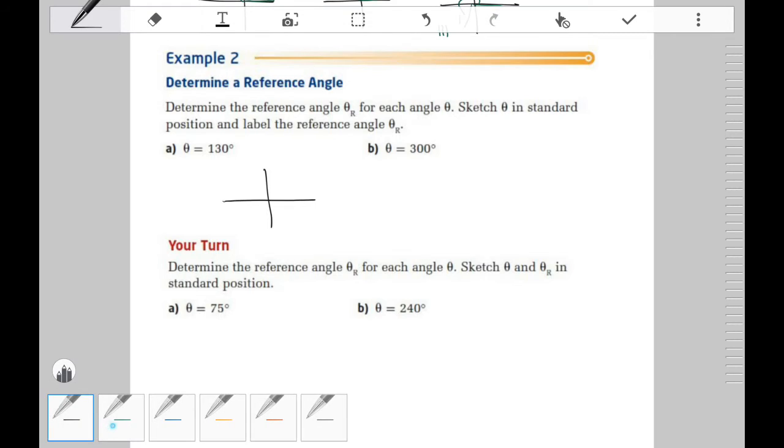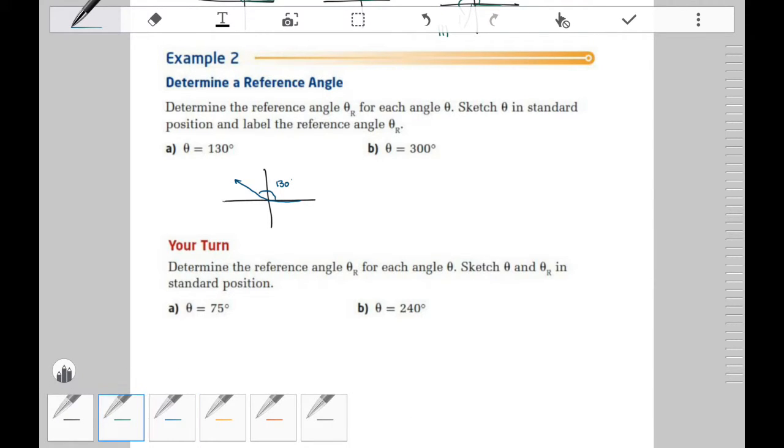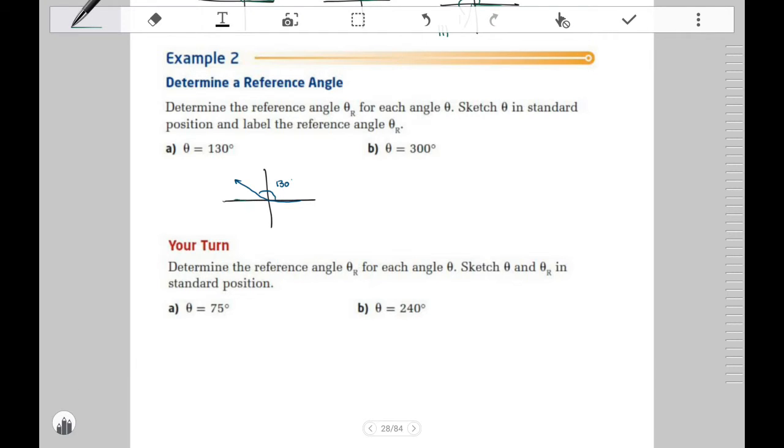Start with our axes. We have our angle of 130 degrees. It's going to bring us past 90, approximately up here. Our reference angle, in this case, is taken from the x-axis to the terminal arm. So here, in green, is our reference angle, theta r.